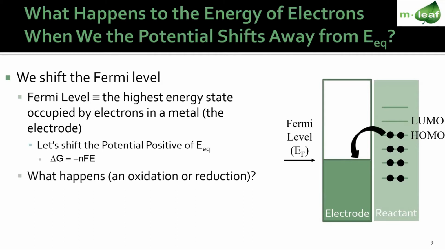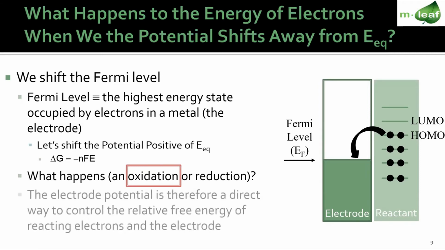Well, we donate electrons from the reactant to the metal. And we usually call that an oxidation, right? The reactant gives up electrons to the metal. And from a reactant perspective, that's an oxidation.